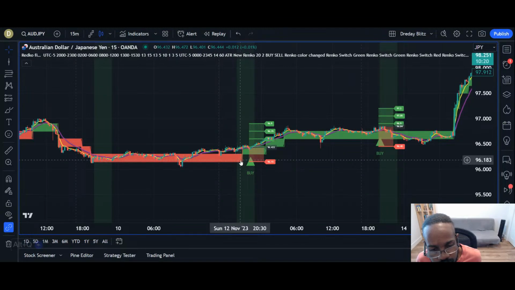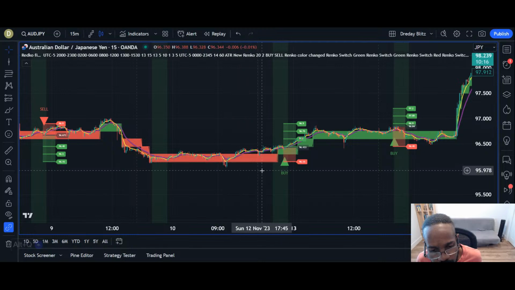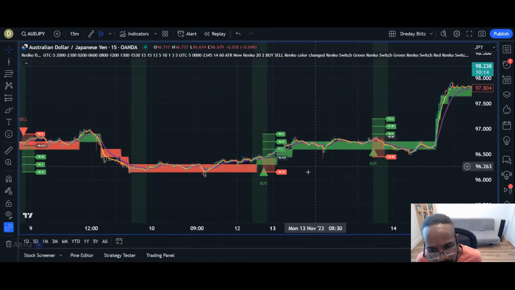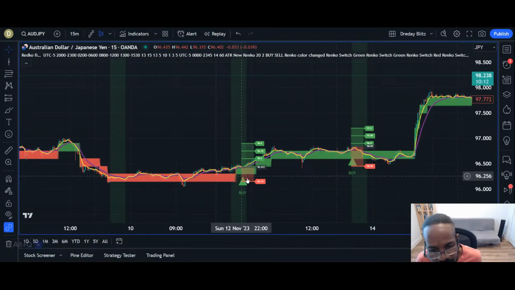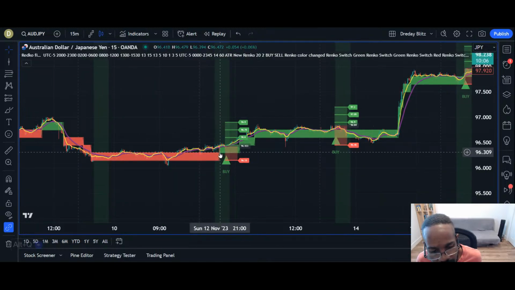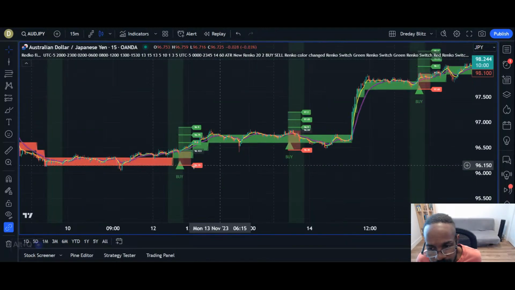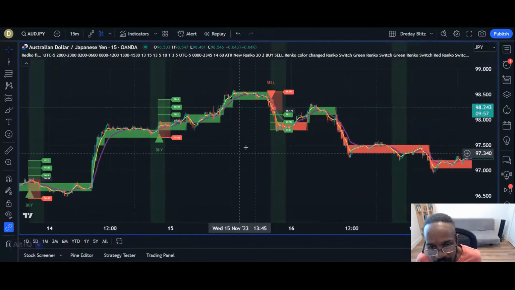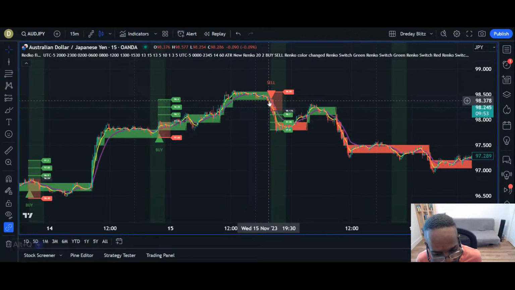So make sure that you have your alerts open and you follow along with the Renko, and you're going to be able to get in and get out and take the trend. So if you're trading the trend, you'll be in the market here at around 8, 9, and you would have got out on the Wednesday night, Asian.